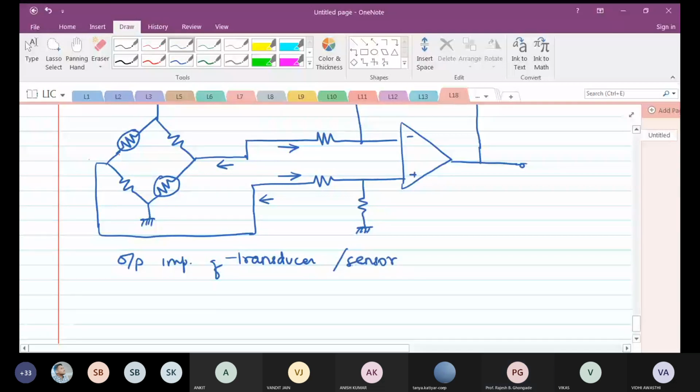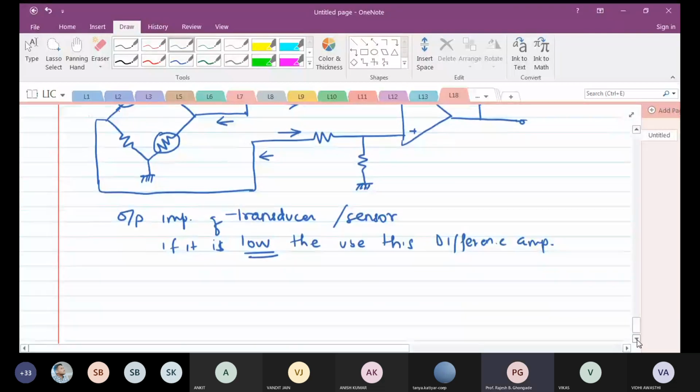And if it is low, in that case, you can safely use this difference amplifier. If time permits, I will demonstrate how bad it can be with a simulation.